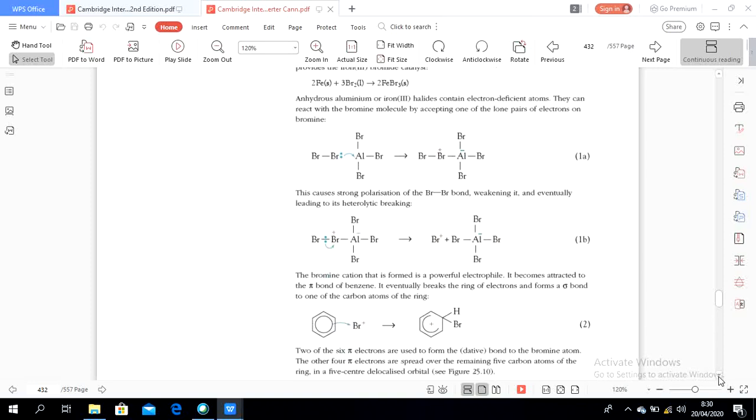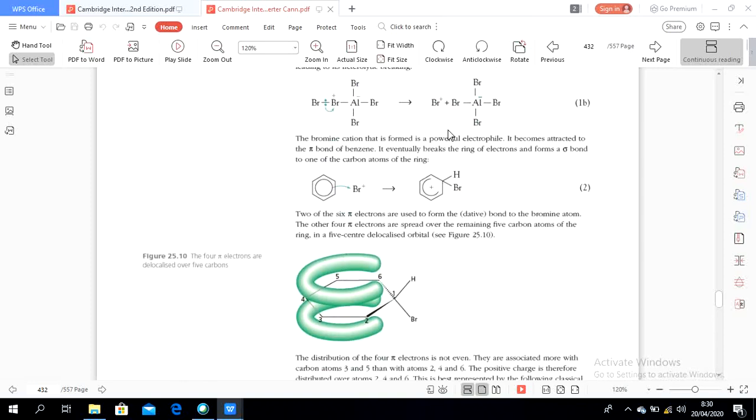And then this electrophile reacts with the benzene. The bromine cation that is formed is a powerful electrophile because of the presence of aluminum bromide. So it becomes attracted to the pi bond of benzene. It eventually breaks the ring of electrons and forms a sigma bond to one of the carbon atoms in the ring.